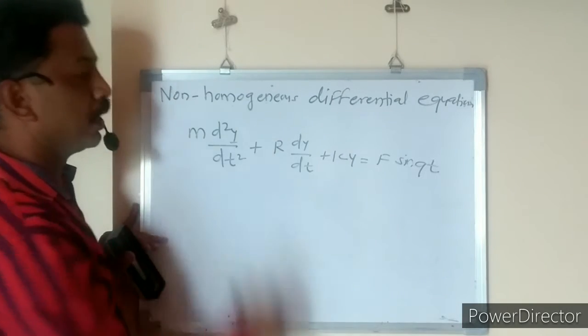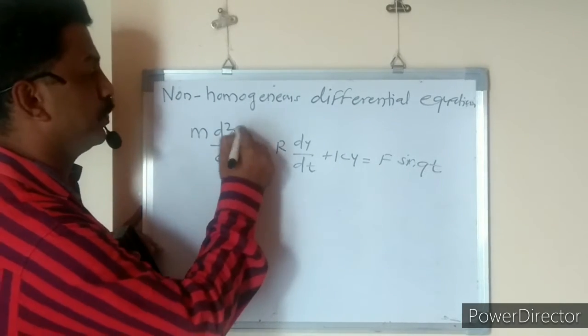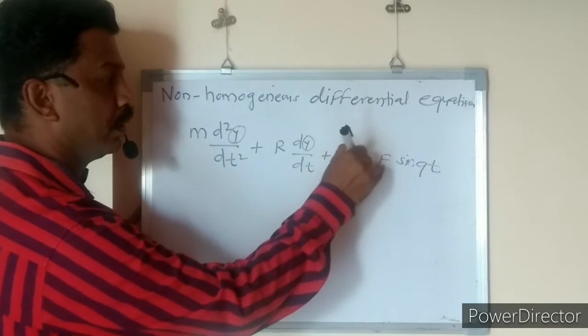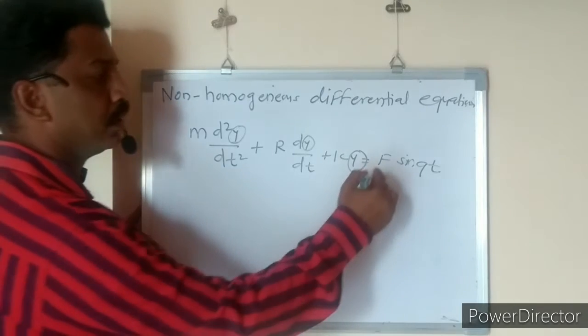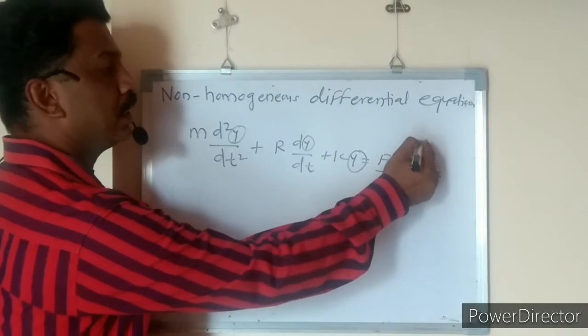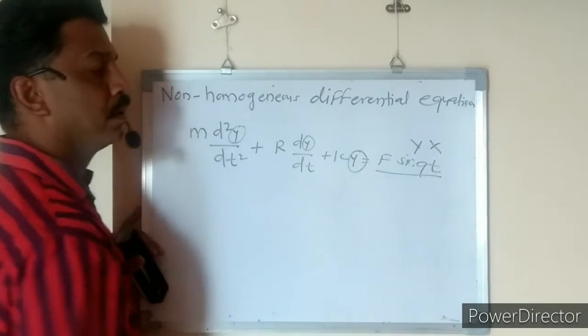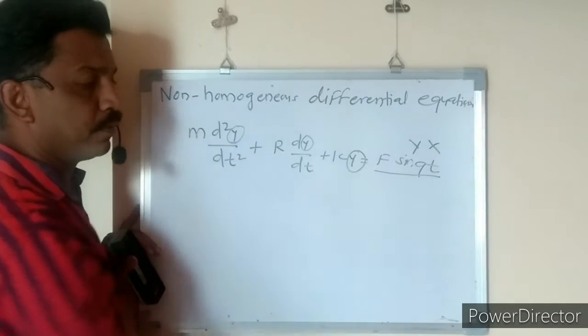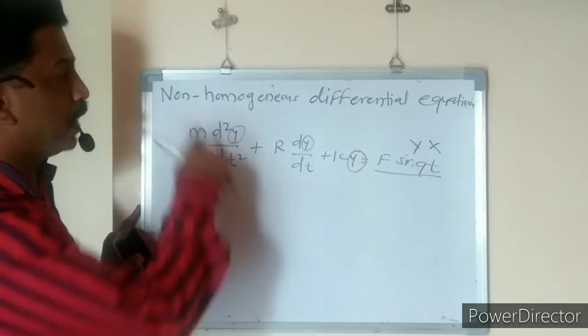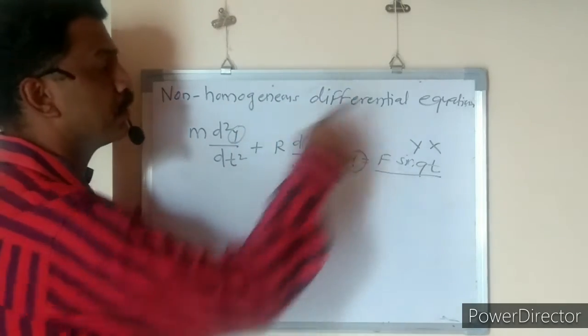Here the dependent variable y is present, here the dependent variable y is present, here the dependent variable y is present, but in this term the dependent variable y is not present. So the dependent variable y is not present, therefore this equation is known as non-homogeneous differential equation.